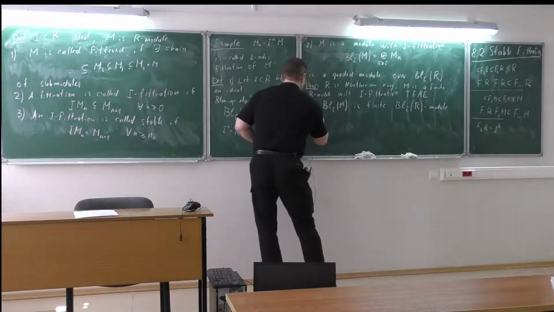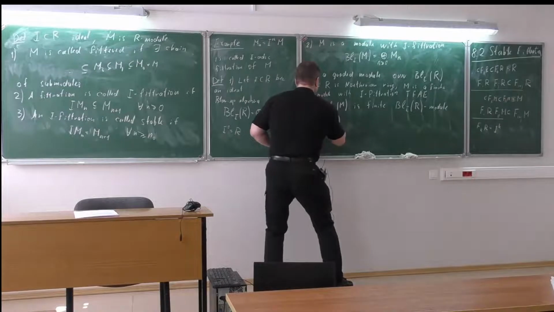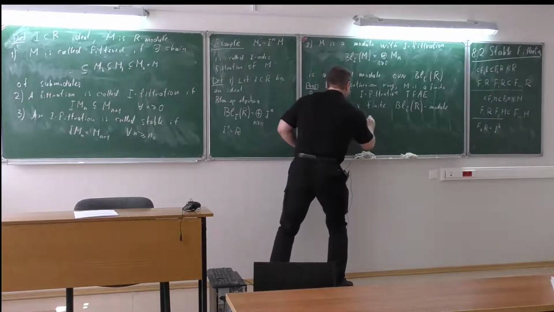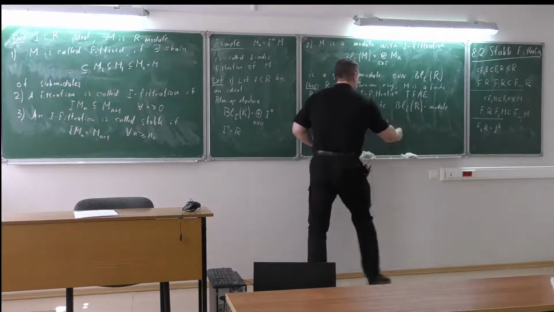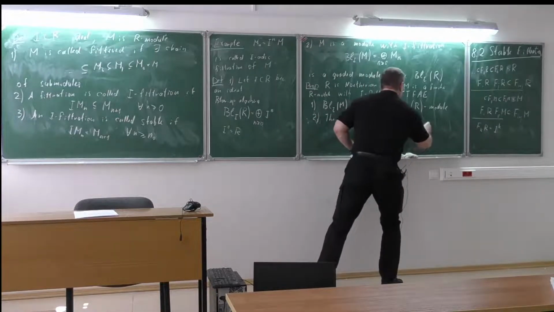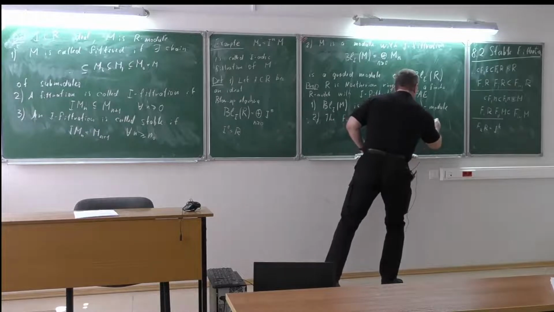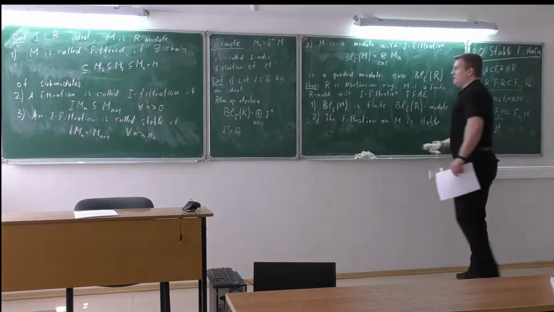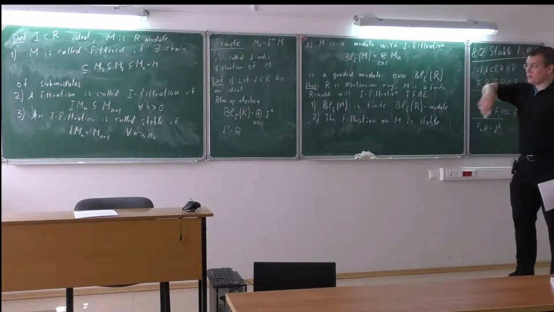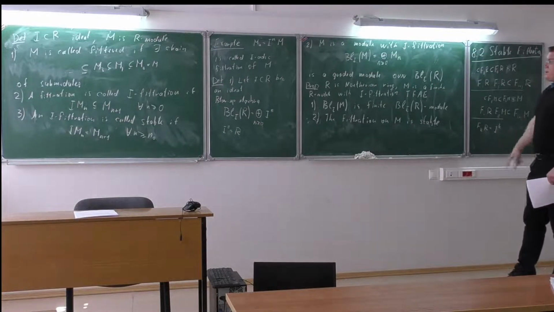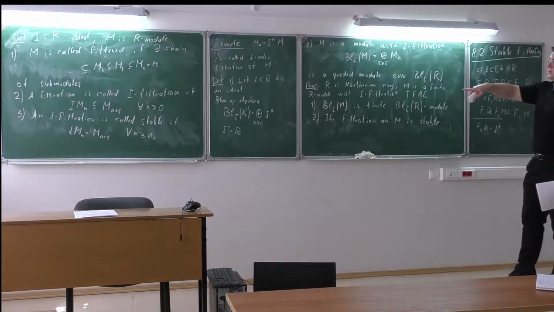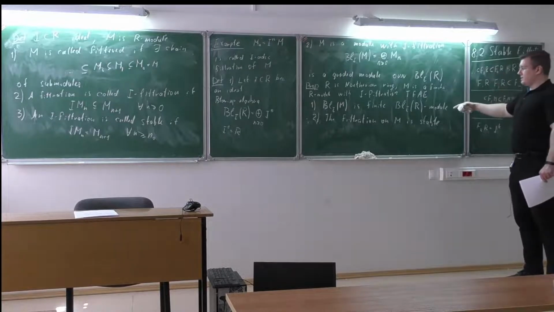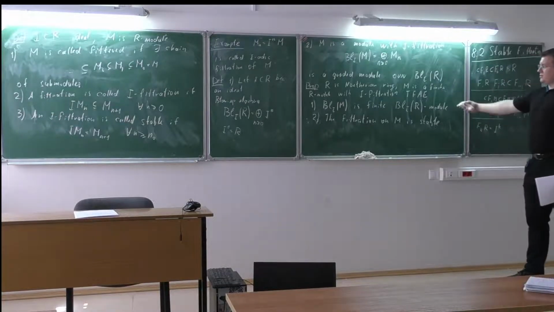And condition 2: the filtration on M is stable. So this new condition, that you have a filtration and this is a stable filtration, using this pair of graded algebra and graded module, can be reformulated in terms of something that we understand, namely being a finite module.